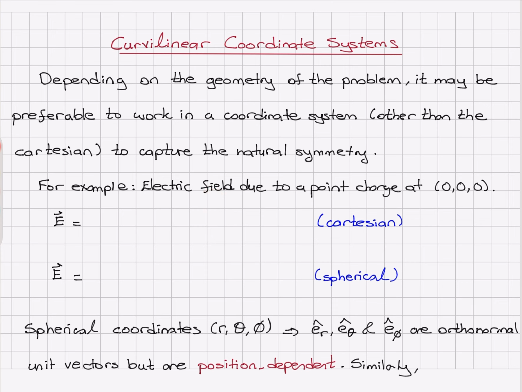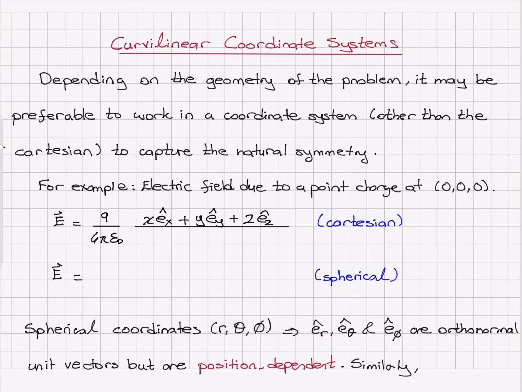0, 0, 0, in Cartesian coordinates, we can write the electric field as Q, the charge Q divided by 4 pi epsilon 0, permittivity of free space, times x Ex hat plus y Ey hat plus z Ez hat.